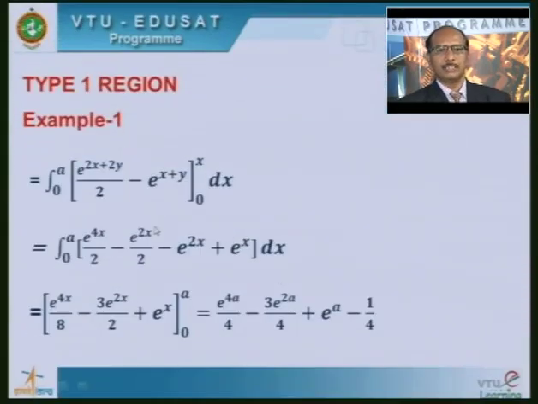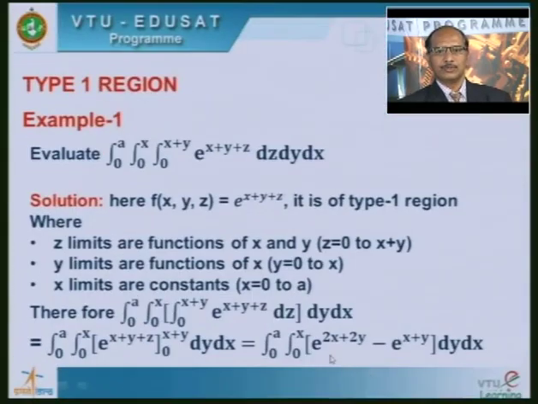See here, integration of e raised to 2x plus 2y with respect to y is e raised to 2x plus 2y as it is, divided by coefficient of y, coefficient of y is 2 here. So, that is to be divided by the entire function.